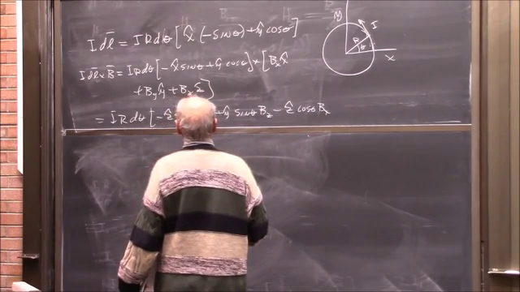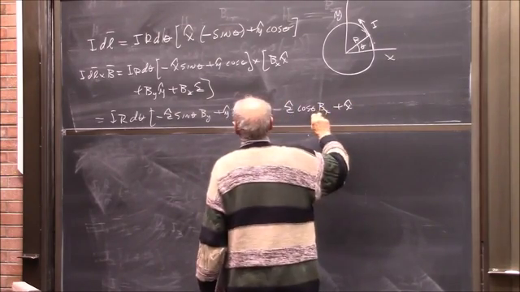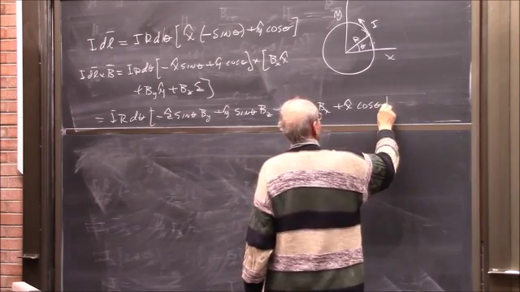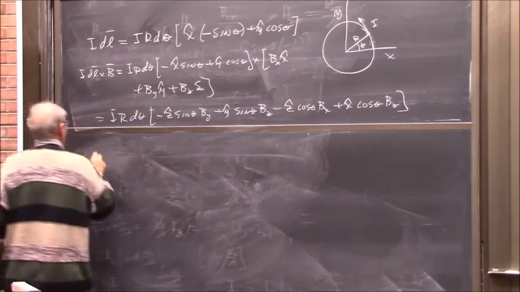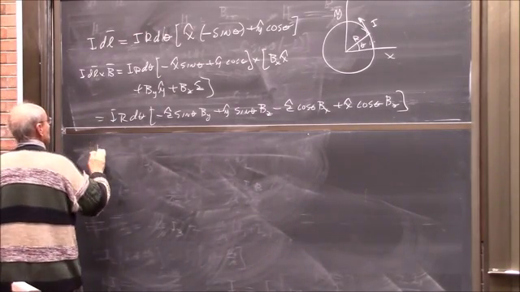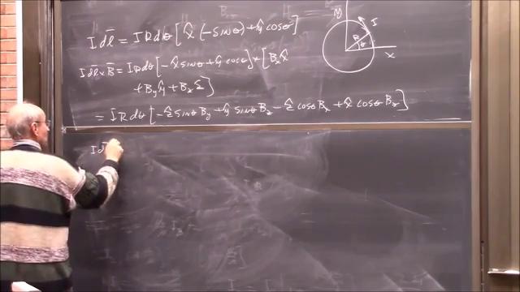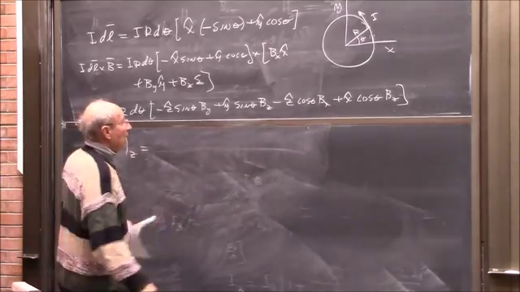Y cross y is 0, y cross z is x, plus x hat cos theta Bz. So, the z component of this, I dl cross B, the z component is just this one and that one.